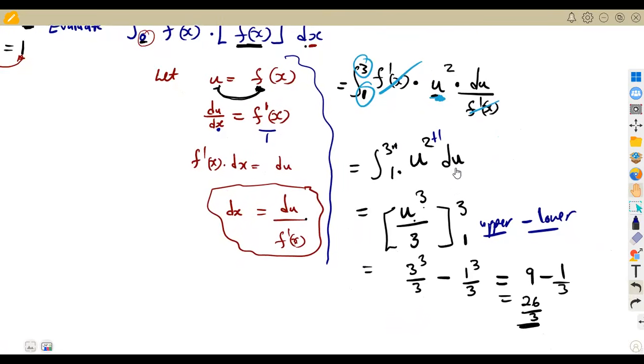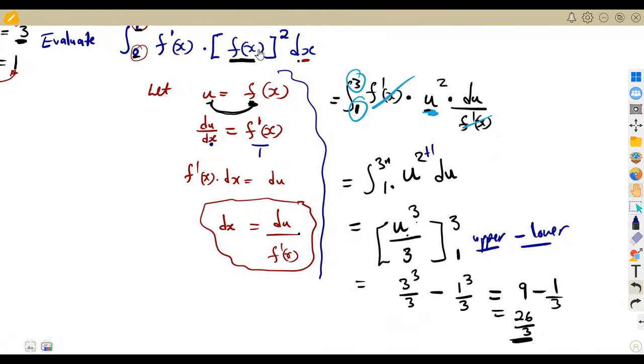In the substitution method, you take your u as the part that is complicated, the one raised to a certain exponent. So u is going to be f of x. The derivative of u with respect to x means you differentiate f of x. How do you write the derivative of f of x? It is f prime x, which is also there in your integral.